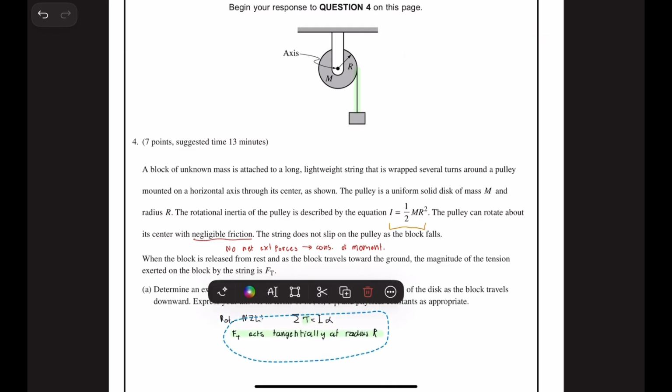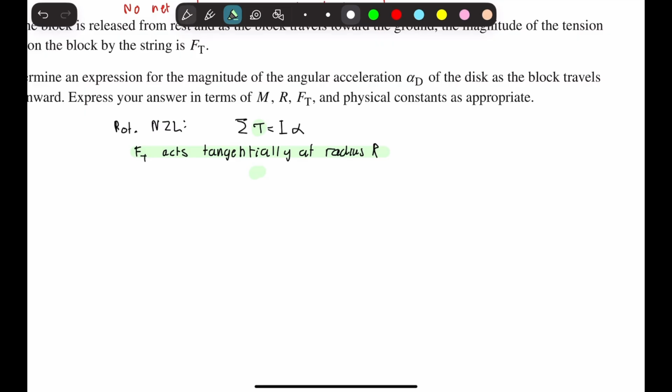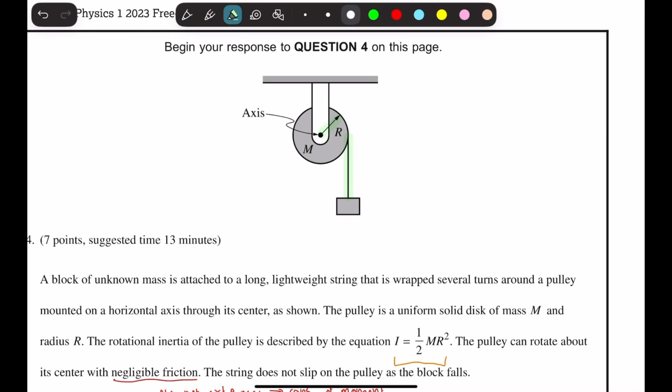So now from that, we can see that the torque magnitude is equal to the force of the tension times the radius. The radius is here, and the radius here.